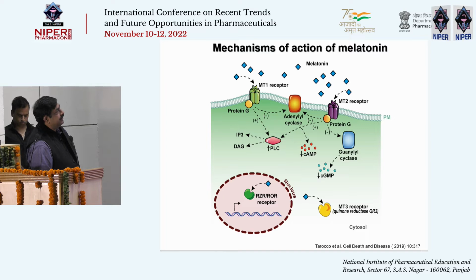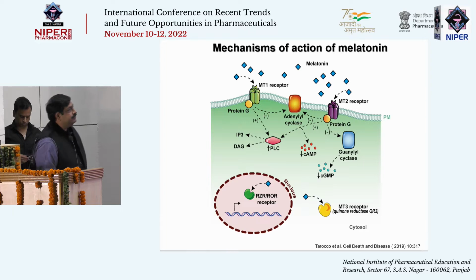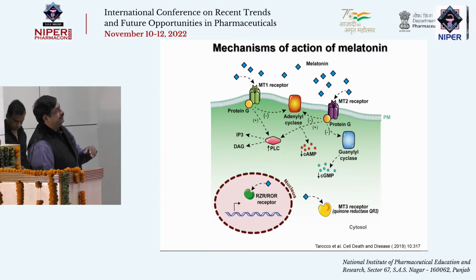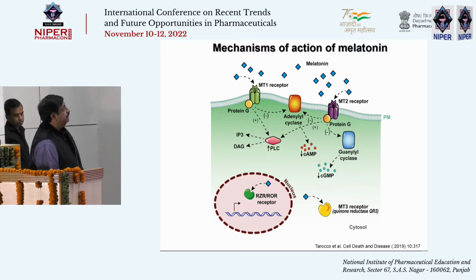On the contrary, they stimulate phospholipase C to trigger the IP3 and diacylglycerol mediated pathway for the activation of downstream signaling. There is also a receptor, the retinoic orphan receptor, in the nucleus, and the MT3 receptor available in the cytosol. It can also execute its action receptor-independently.